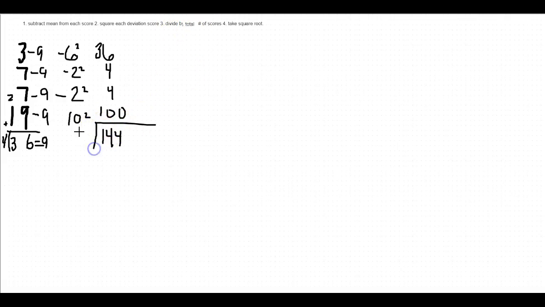So we're going to divide 144 by 4, and that gets us 36, and the last thing we're going to do is take the square root of that. So the square root of 36 equals 6. So the standard deviation between these 4 pieces of data is 6, and that's how you do this by hand.